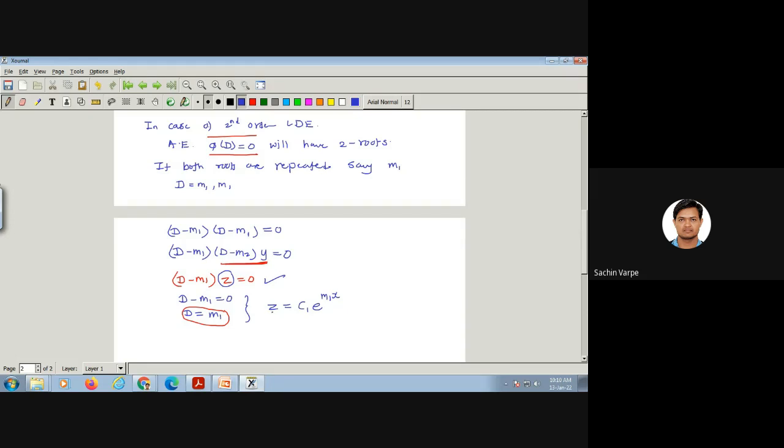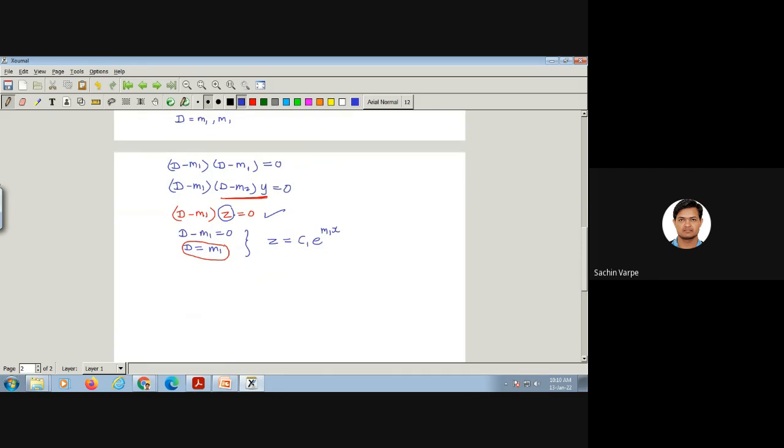And if we substitute the value of z here, where z is what we have considered, so this is m1. Therefore (D minus m1) into y we have considered to be z.